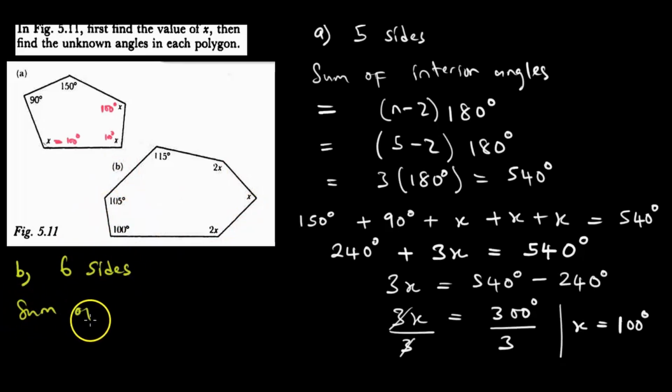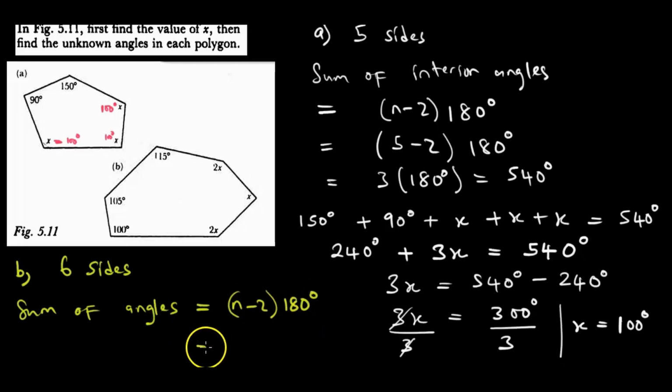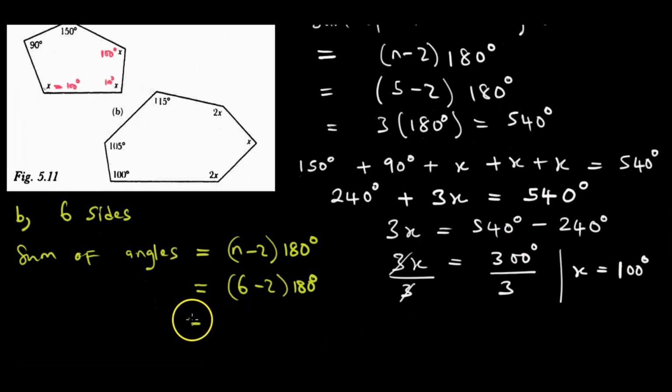We find the sum of interior angles, given by n minus 2 times 180 degrees, which means 6 minus 2 times 180 degrees, which is 4 multiplying 180 degrees, which gives us what? What is 180 times 4? Should be 620. It's actually 720, my bad. So 720 degrees.